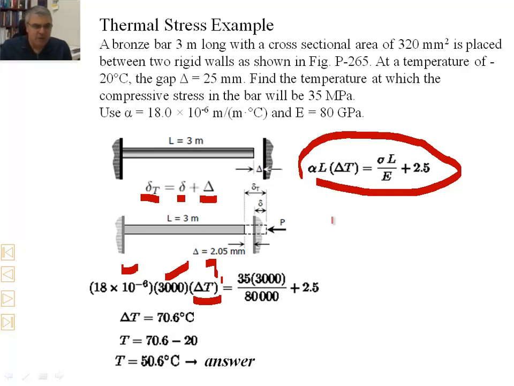So we again follow the calculation. E is 80,000 plus 2.5, which we used up here in this particular problem. The capital delta was given as 25 millimeter, as you can see up here. So we also use that 25 millimeter in the calculations. Temperature of 20 degrees Celsius.